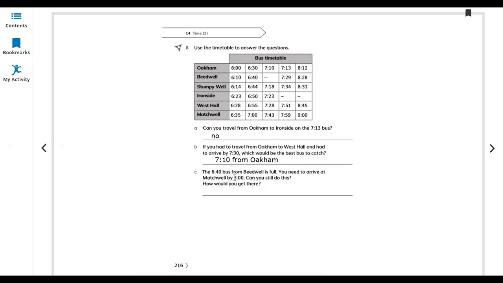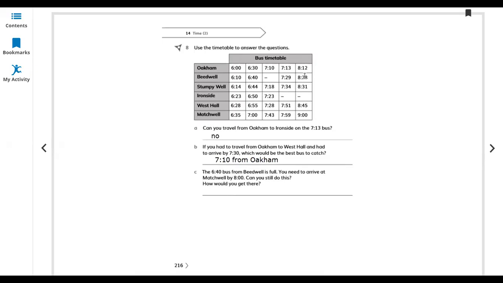Question C. The 6:40 bus from Bidwell is full. You need to arrive at Nashville by 8. Can you still do this? So, how would you get there? Obviously, you can do this. You can catch the bus at 7:29. Yes, you can catch this.